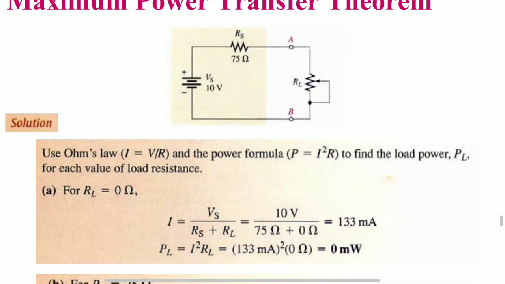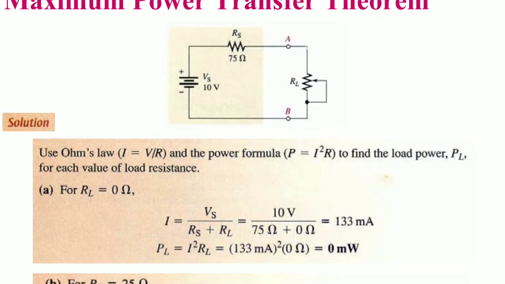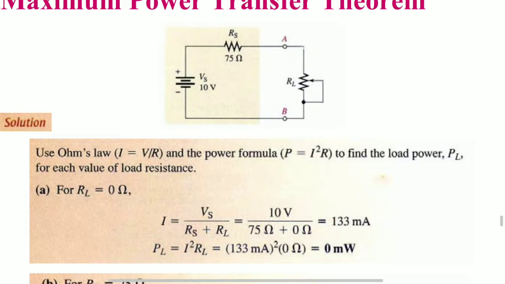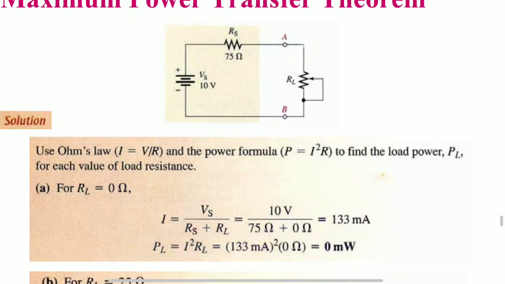For the condition RL equal to 0 ohms, by Ohm's law, in general I is equal to V by R, and the power formula is P equal to I square R. To find the load power PL for each value of load resistance, for RL equal to 0, I is equal to Vs by Rs plus RL. So current is 133 milliamps.